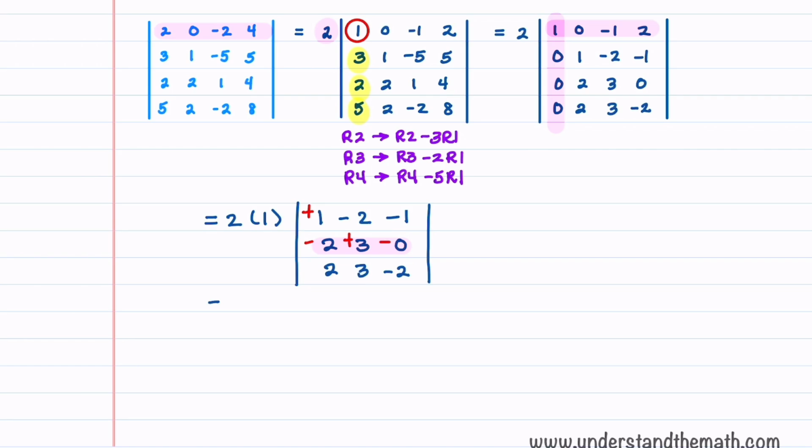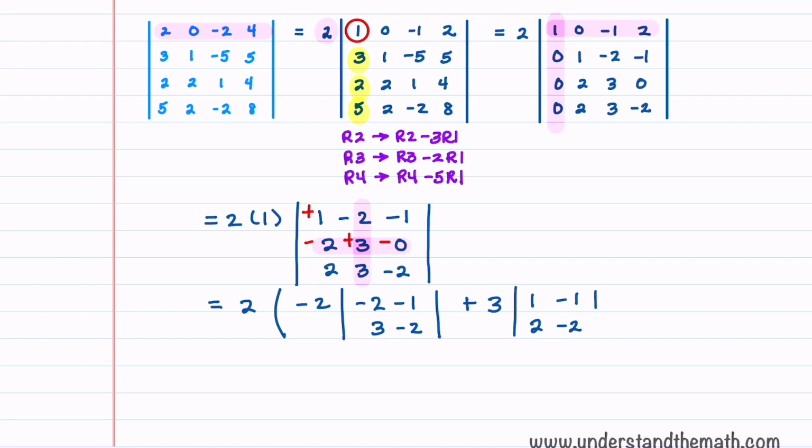So our answer is going to be 2 times minus 2 times the matrix that remains when we cross out the row and column common to 2. This gives us minus 2, minus 1, 3, minus 2. And then we add 3. We cross out the column common to 3, and this gives us the determinant 1, minus 1, 2, minus 2.